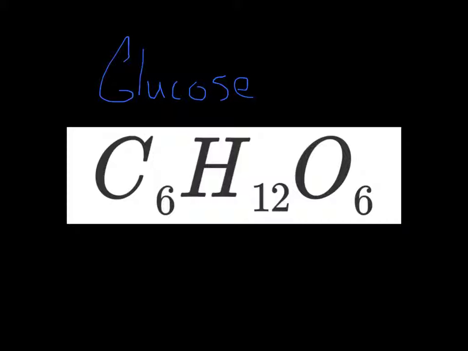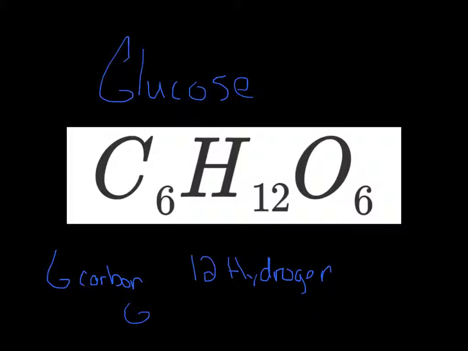What that tells us, and what this chemical formula is designed to tell us, is there are 6 carbon atoms, 12 hydrogen atoms, and 6 oxygen. Glucose has this exact amount of atoms and in that exact ratio. If I take away one oxygen, make it 5 oxygens, it's no longer glucose. It's something completely different. It has completely different chemical properties. So it's always important to represent your chemical compounds and your chemical formulas correctly.